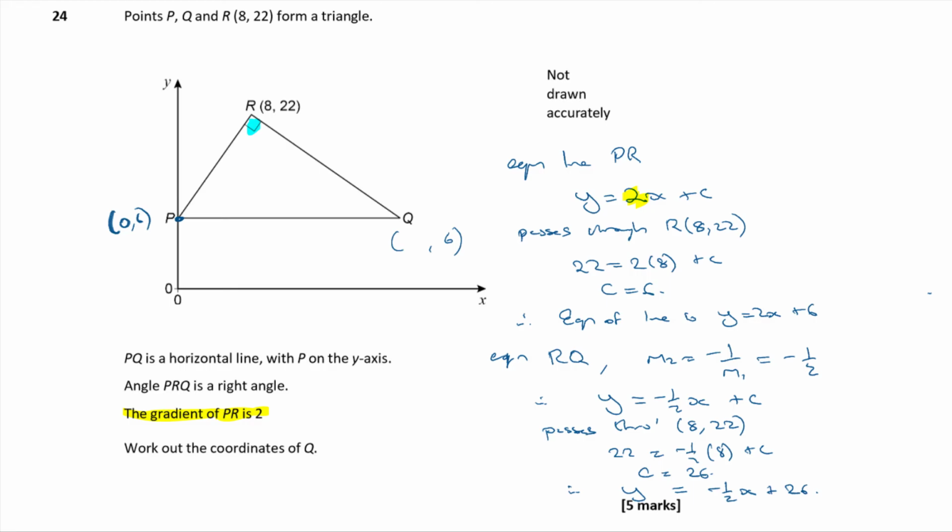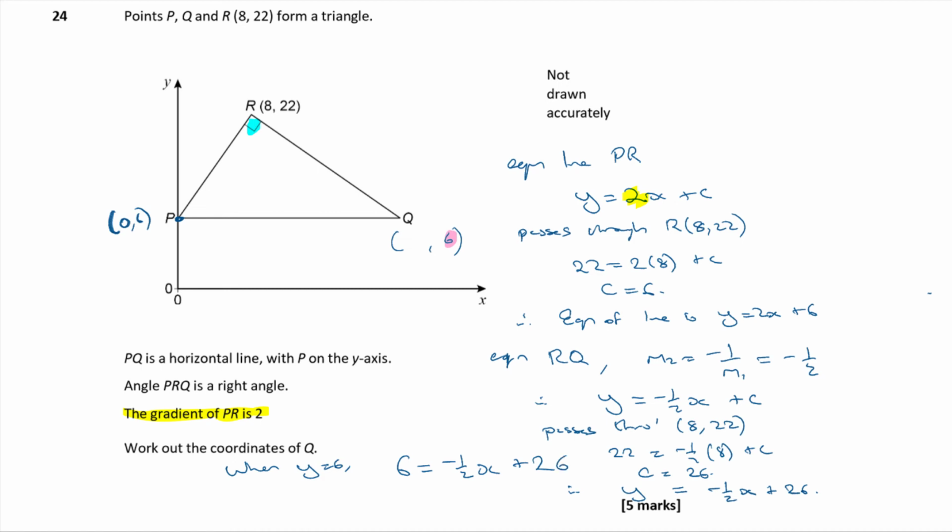Okay, now we want the value of x when y is equal to 6, because we already know the y coordinate of that point down there, Q. So when y is equal to 6, the equation is going to be 6 is equal to minus a half of x plus 26.